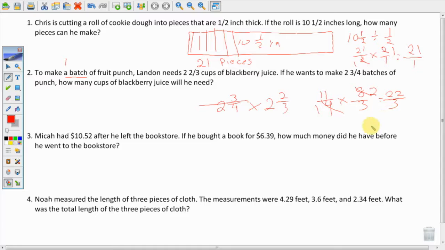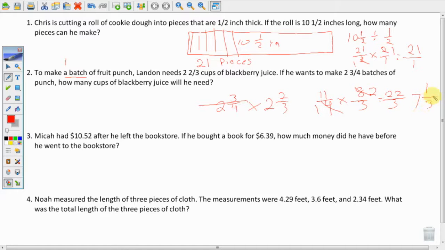Now I say, how many times will 3 go into 22 to change this improper fraction back to a mixed number so I get my answer in the same form as the problem is? 3 will go into 22 7 times. 22 divided by 3 is 7 with a remainder of 1, so that 1 goes up on top as the numerator and the denominator is 3.